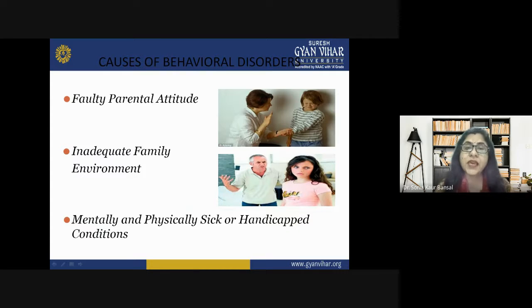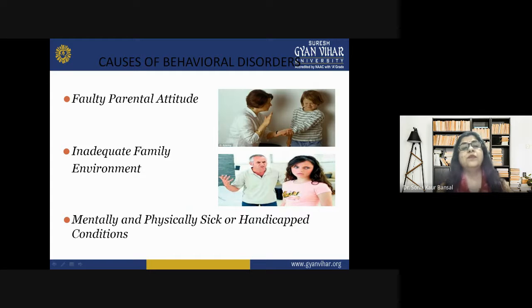They are not behaving according to their age, or maybe their IQ level is low by that time. The most common disruptive behavior disorders include oppositional defiant disorder, which we call ODD, conduct disorder, CD, and attention deficit hyperactivity disorder, that is ADHD.